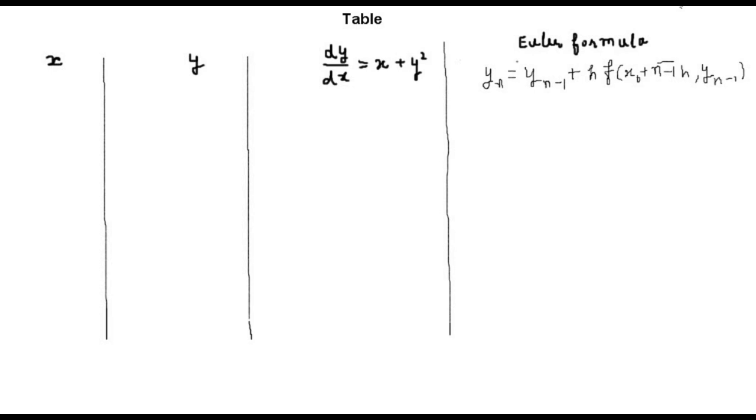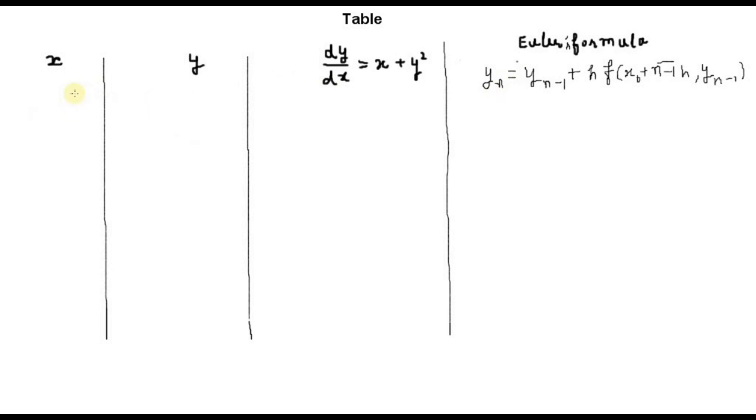So the table has columns x, y, dy by dx, which is equal to x plus y square, and Euler's formula, which is yn equal to yn minus 1 plus h times the value of the function at the points which we will take here.